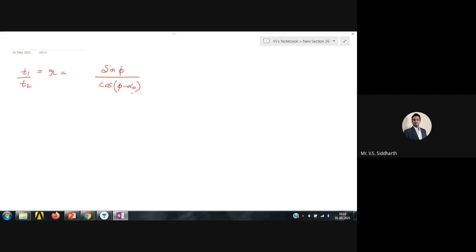Now all of us know one very frequently used formula, that is cos(A minus B) equals cos A cos B plus sin A sin B. So here if I apply that, then it will be R equals sin phi divided by cos phi cos alpha naught plus sin phi sin alpha naught.